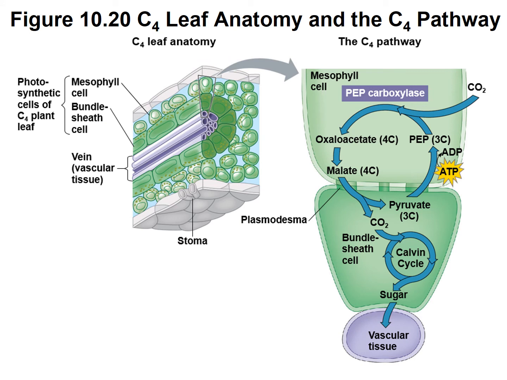So this figure, 10.20, shows the C4 pathway, and this is a good slide to see the differences between the C3 and the C4 pathway. As you can see, carbon dioxide is entering the mesophyll cells, but again, instead of Rubisco, we have PEP carboxylase acting as the enzyme.